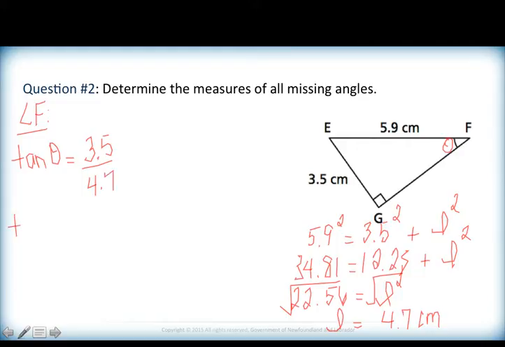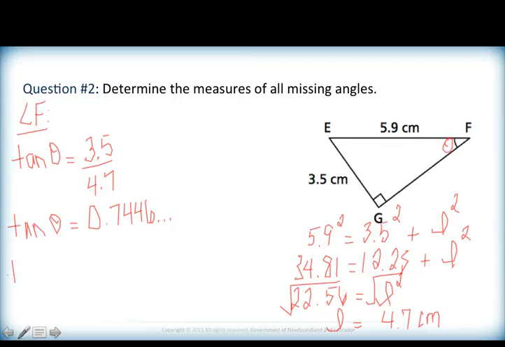So tan theta equals 3.5 divided by 4.7, and that is going to give us 0.7446, and that's going to keep going on. It's going to be 6808.